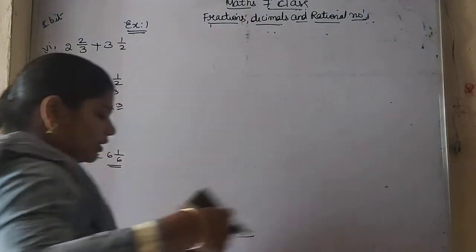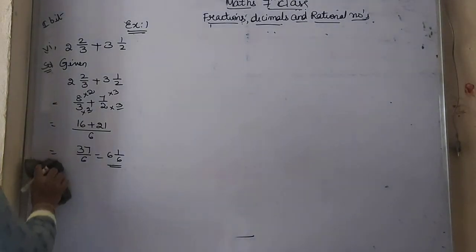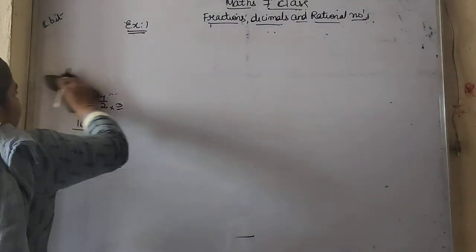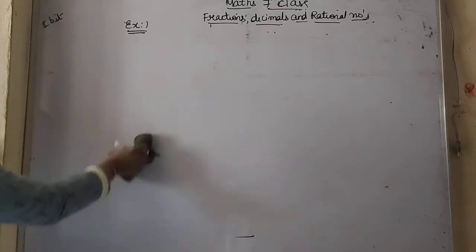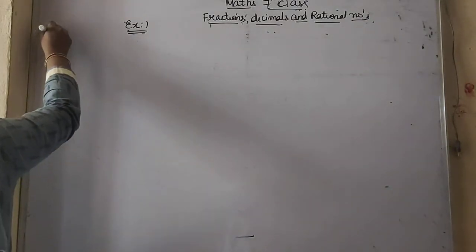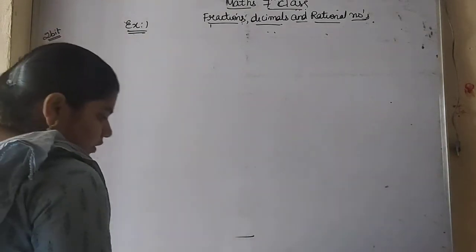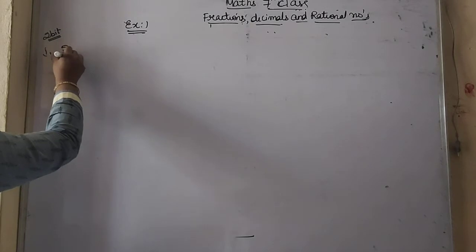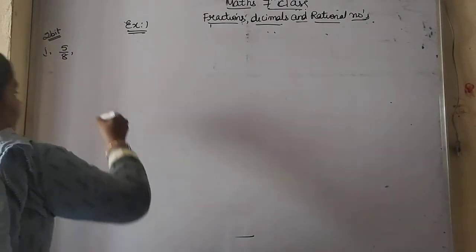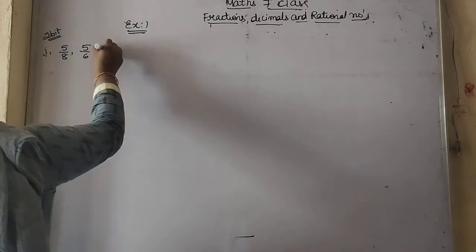Next is arrange the following in ascending order. So the second bit we are starting. Second bit, first one. What is that first one? 5 by 8, 5 by 6, 1 by 2.